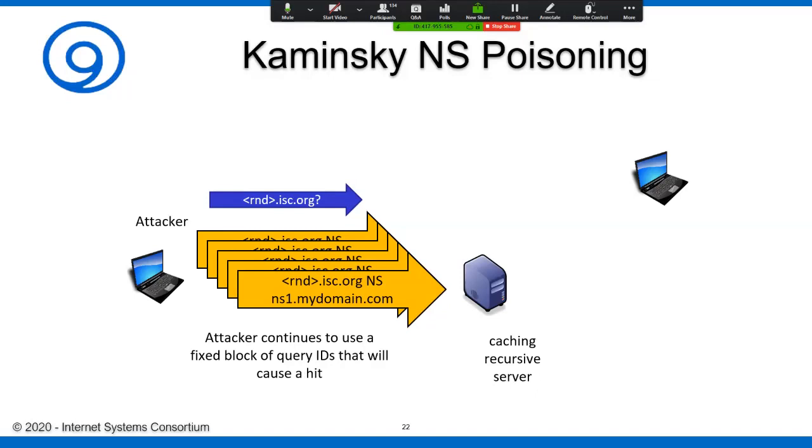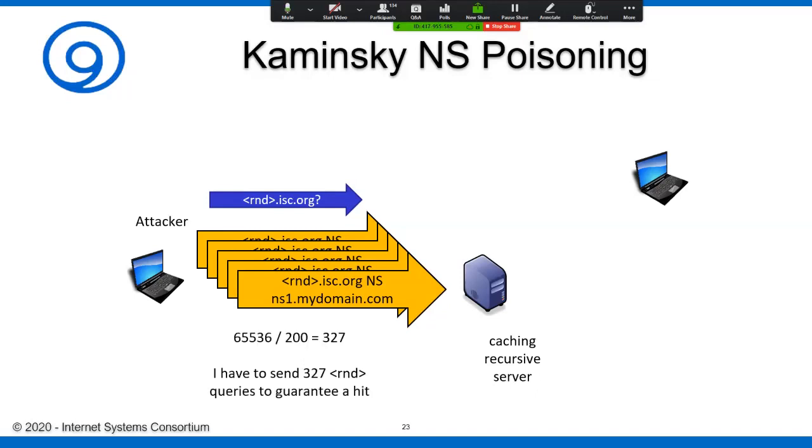The attacker is going to continue until they get one that hits. So I mentioned earlier that we're going to take the 16-bit value. So it has a total of 64K possible options. We're going to divide that by 200. And that's how many responses we're able to send back that are going to get to the caching server before the actual NX domain. Well, I just keep sending the same 200 over and over.